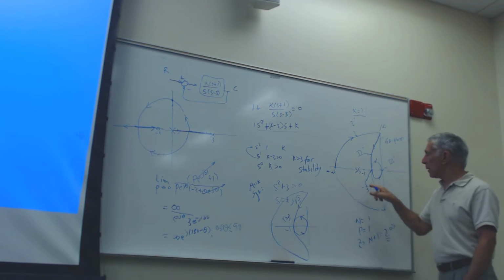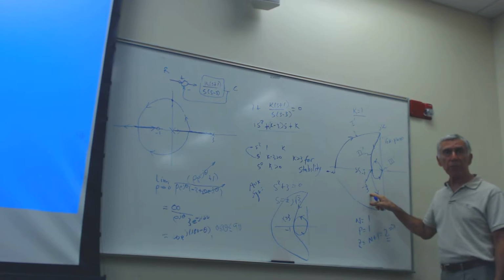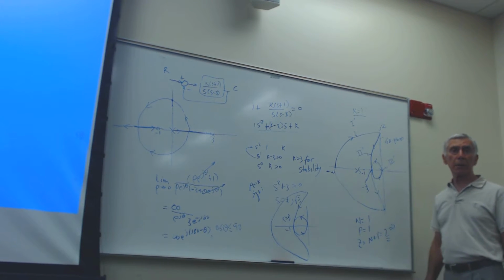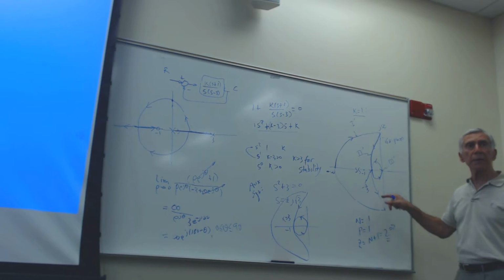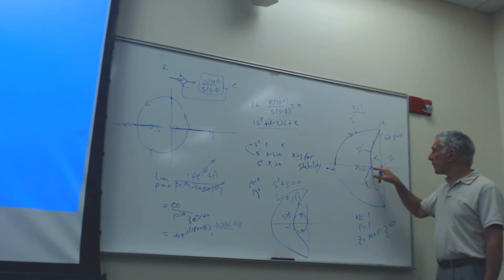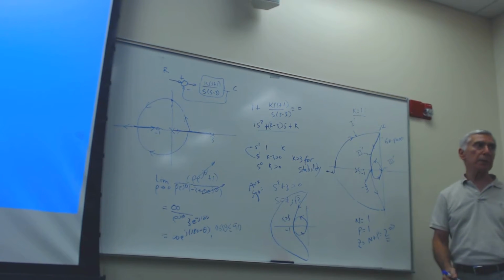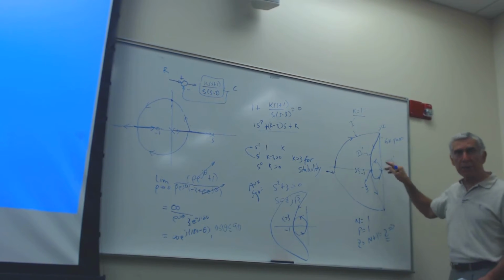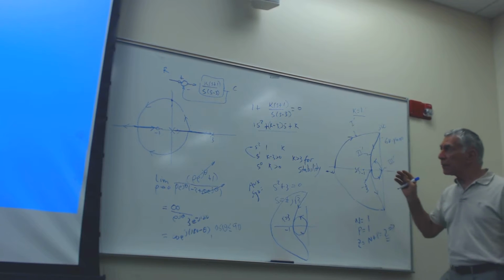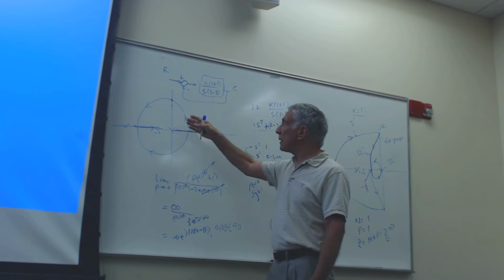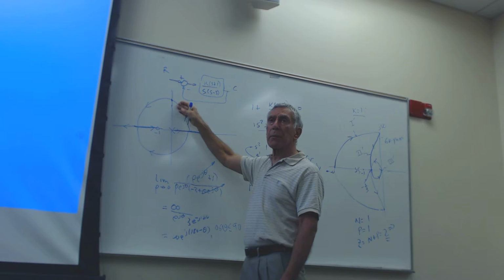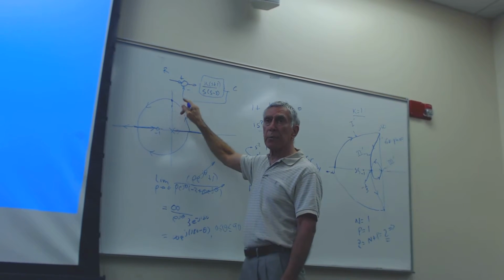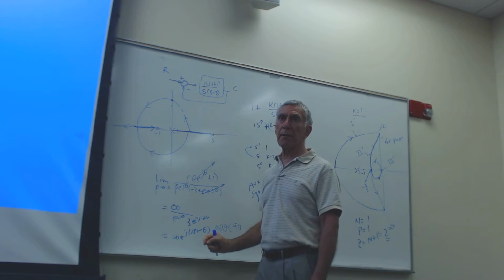From minus 1 by a factor of 3, minus 1/3. So this is a way of finding the 180-degree phase crossover point of the Nyquist diagram. And this root locus here tells you that indeed the system could be marginally stable, specifically for K equal to 3.